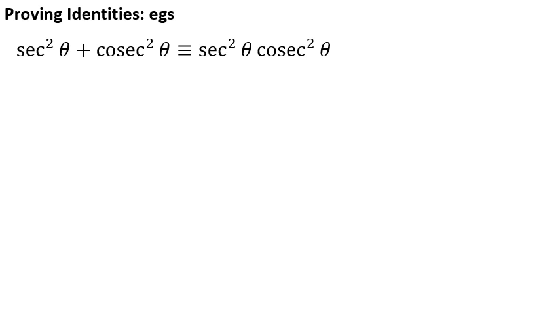It's our job to prove that, and one important thing you need to be aware of here is that you cannot just start with that as if it's an equation and then start messing around with both sides. If you do that, essentially what you're doing is assuming to be true the thing that you've been asked to prove, and then going on to do things based on that potentially faulty assumption. Whether or not that assumption is true is irrelevant to what you go on to do with it.